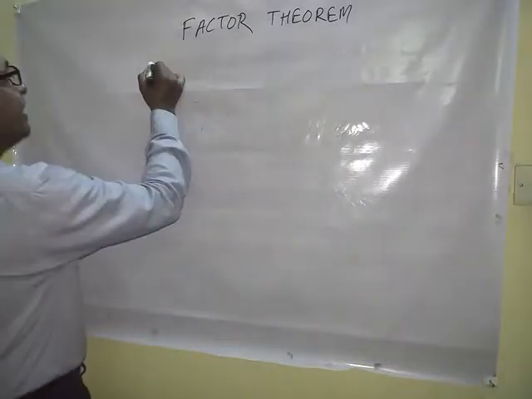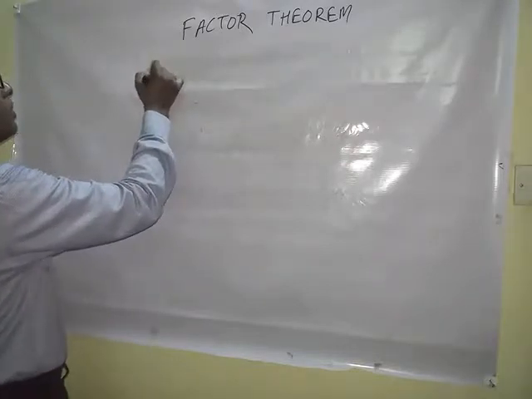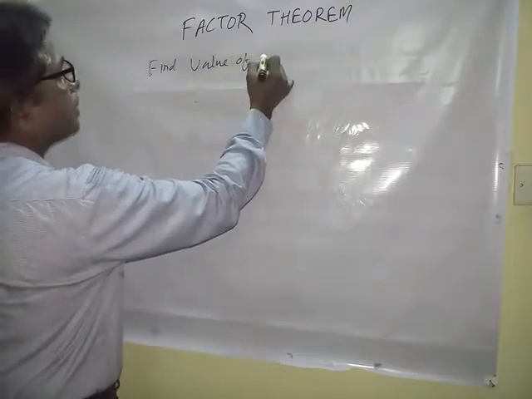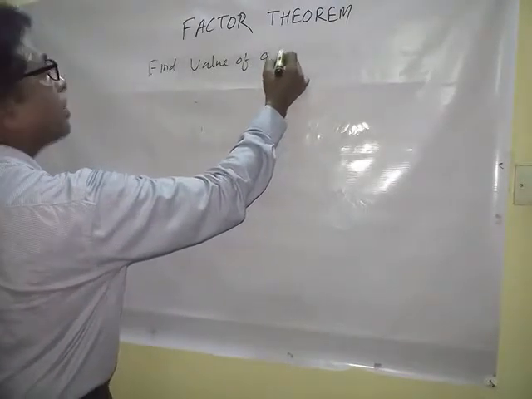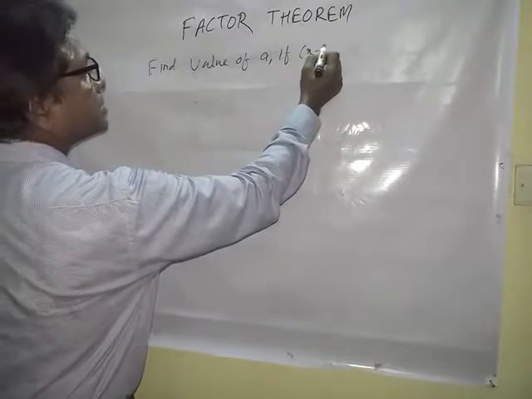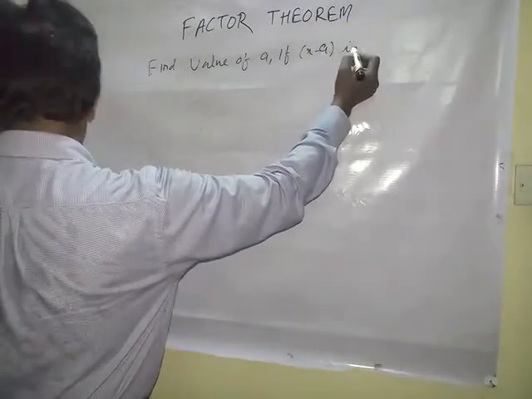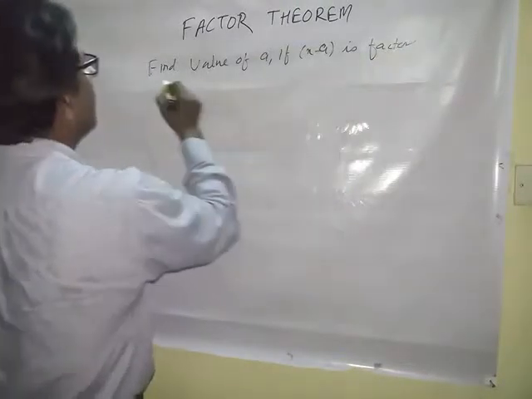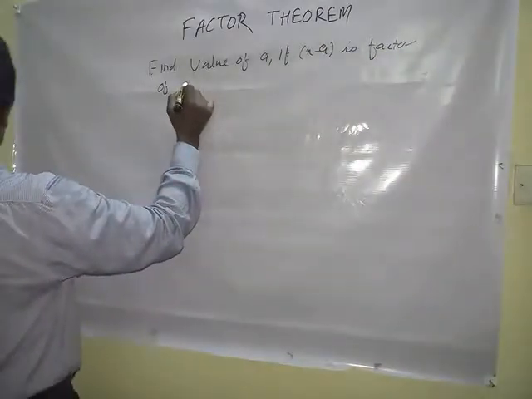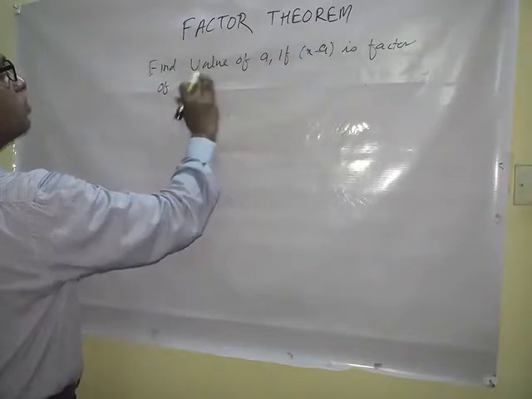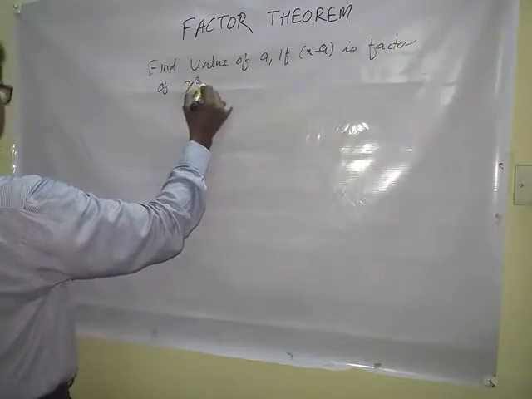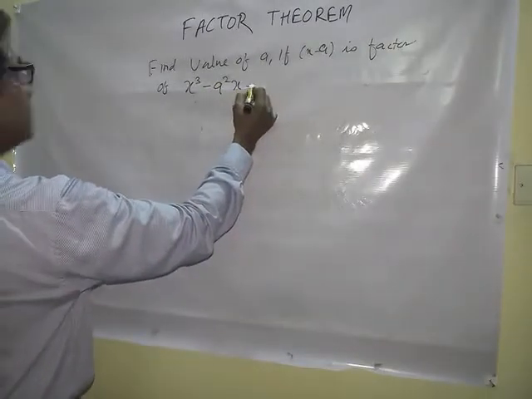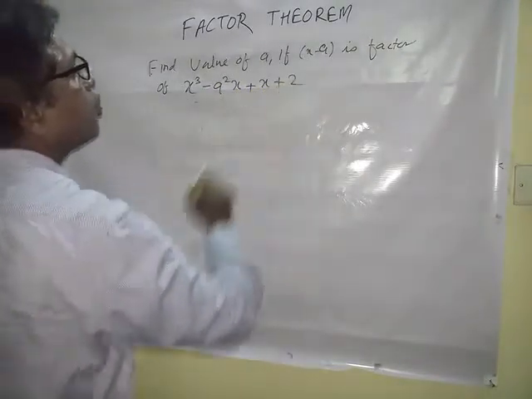Now find the value of a, if x minus a is a factor of x cube minus a square x plus x plus 2.